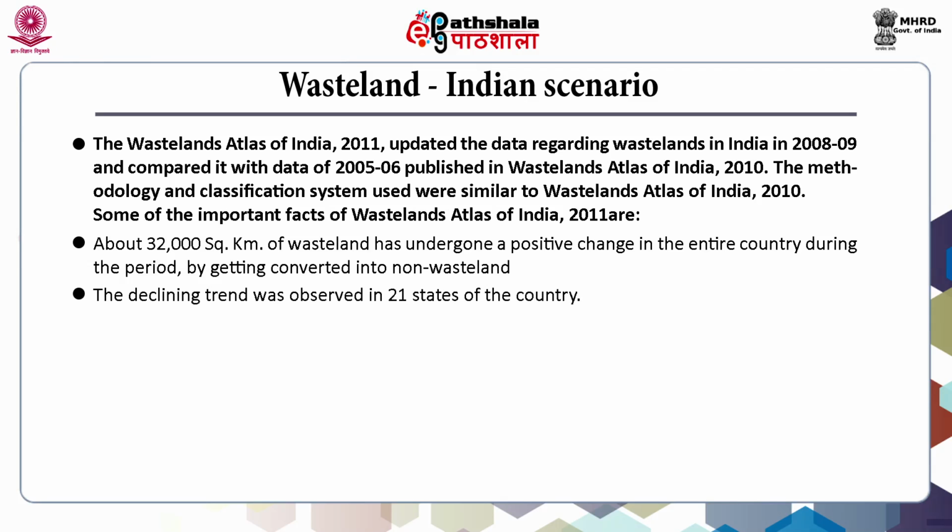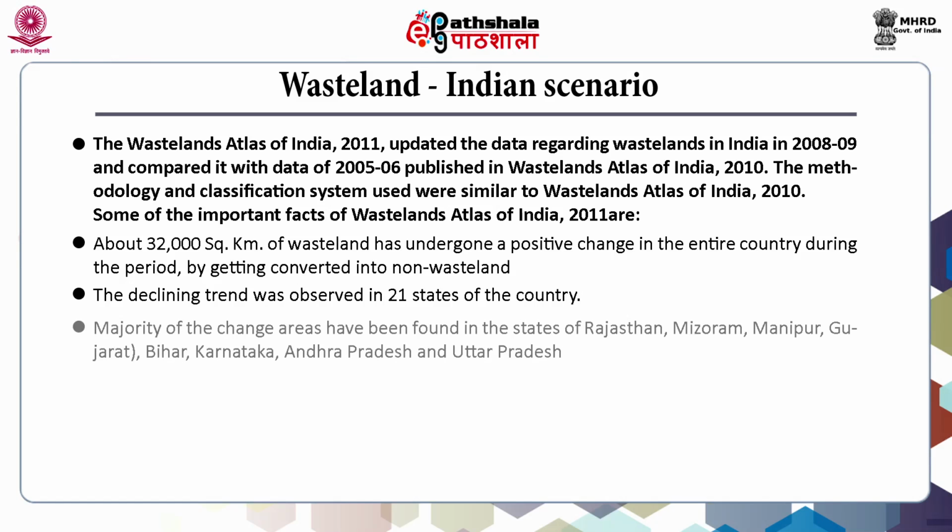The declining trend was observed in 21 states of the country. The majority of the change areas have been found in the states of Rajasthan, Mizoram, Manipur, Gujarat, Bihar, Karnataka, Andhra Pradesh, and Uttar Pradesh.